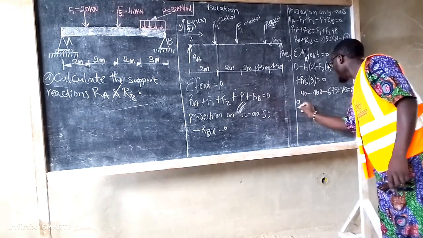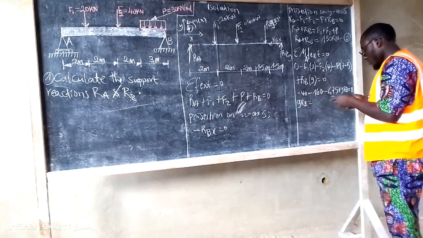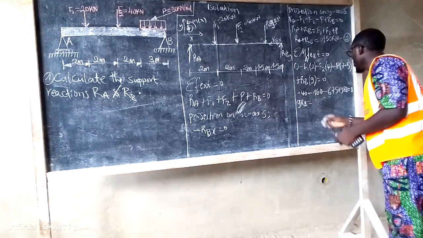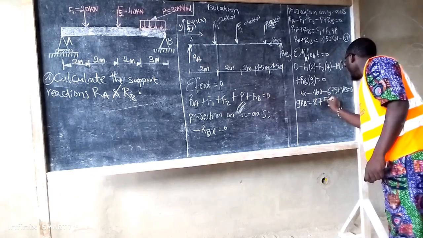Now we have 9, we make arrow B the subject of our equation. It is equal to 875.